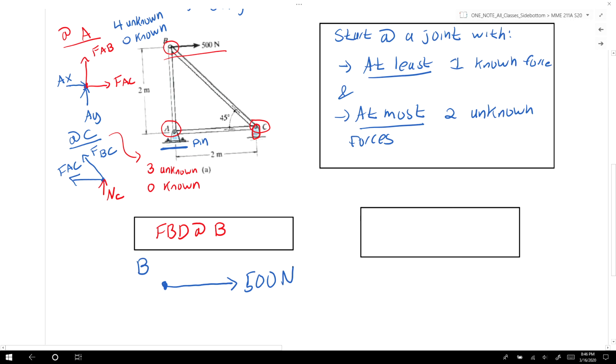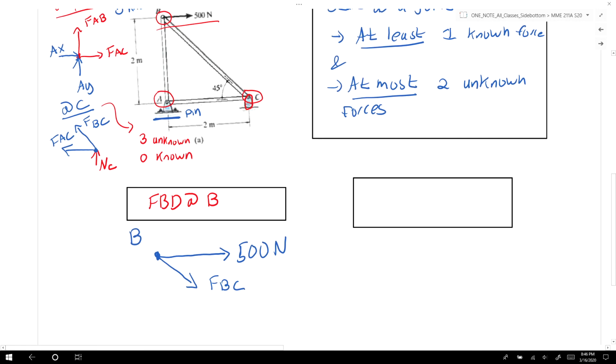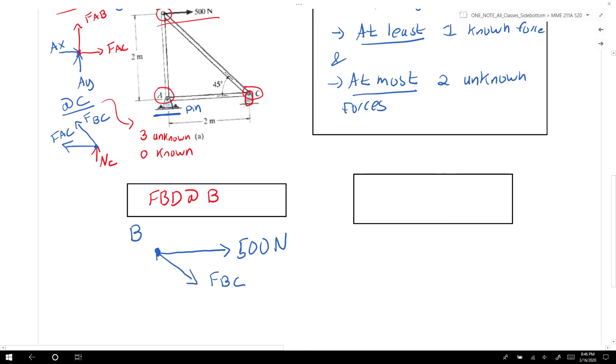Then we have a force that goes along BC, FBC, and then we have a force FBA that'll go down.